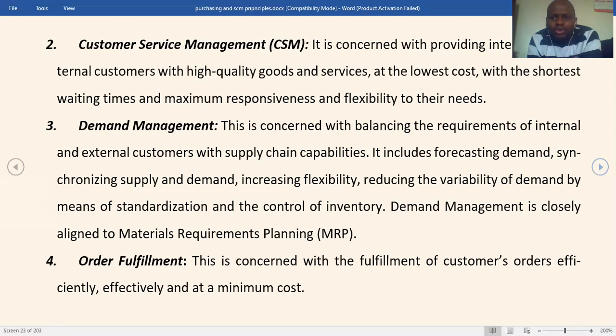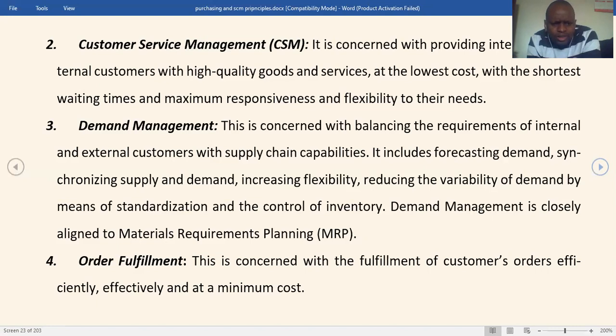Therefore, this will enable you also to maintain your customers at the end of the day. The other process is demand management. This is concerned with balancing the requirements of internal and external customers with supply chain capabilities. So you're able to include issues like forecasting demand, synchronizing supply and demand, increasing flexibility, reducing the variability of demand by means of standardization and control of inventory.